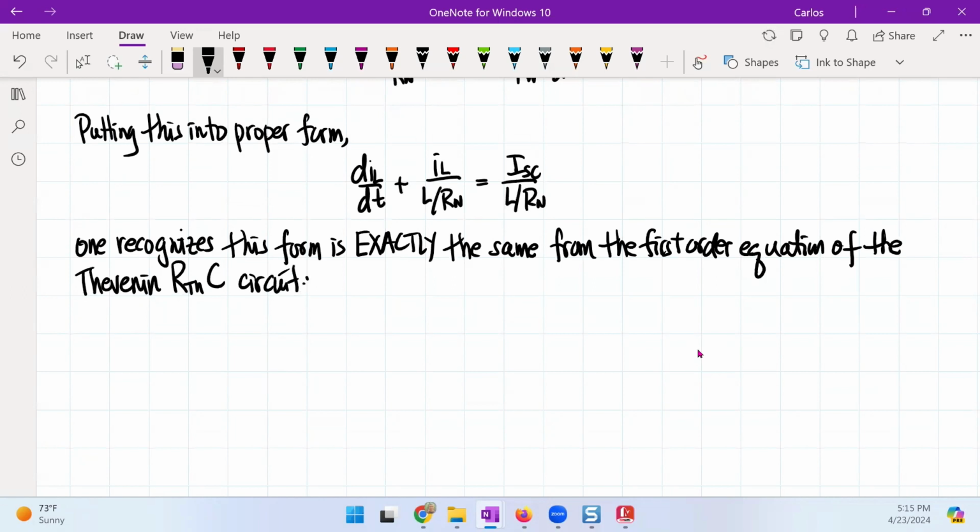In other words, this is also the same as this one here in form, that is.